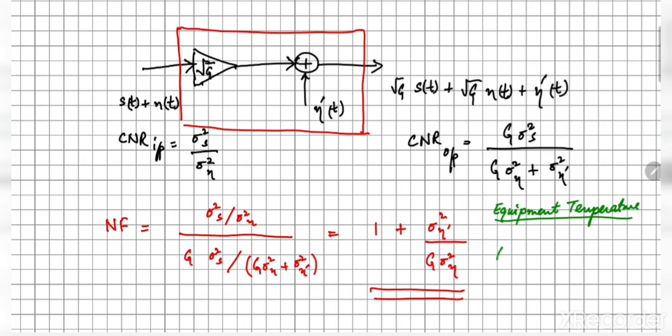Mathematically, the equipment temperature is defined as follows. T equipment is equal to T naught times NF, the noise figure of the system, minus 1. So the amount of noise figure that exceeds 1 is multiplied with T naught to get the equipment temperature. And this equipment temperature represents basically the additional noise that is being added by that particular component.